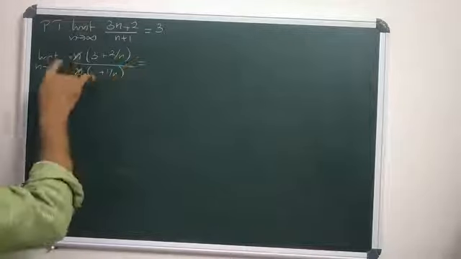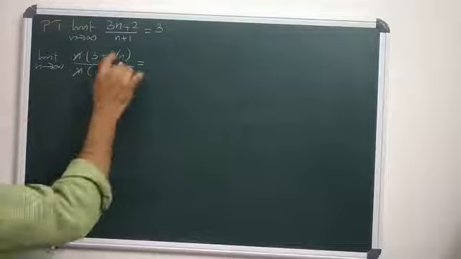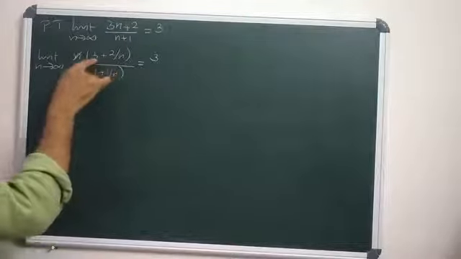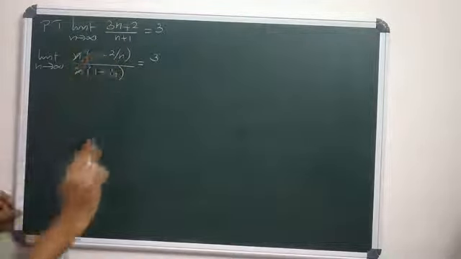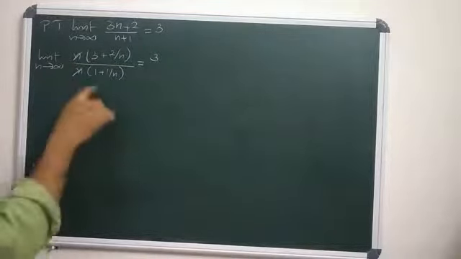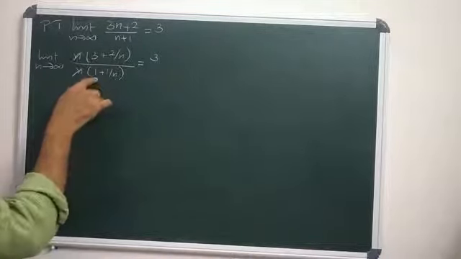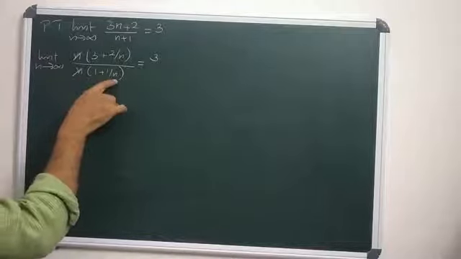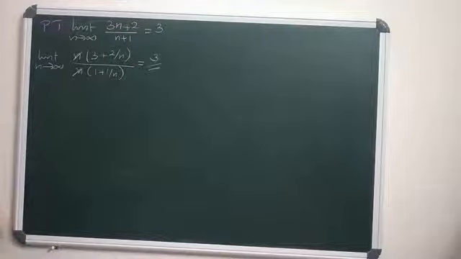Then by the property of limits, 3 + 2/n gives 3. Why? Because limit of 3 is 3, plus limit of 1/n is 0, so limit of 2/n is also 0. The denominator: limit of 1 is 1, limit of 1/n is again 0, so the result is 3. So this is our conventional way.